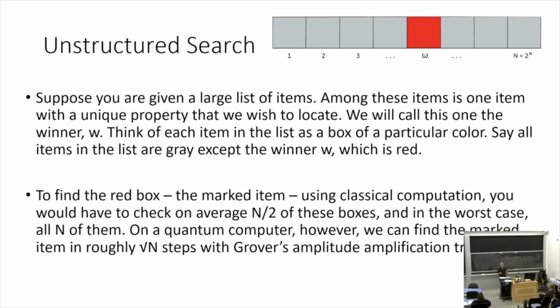To find that marked item using classical computation, we would have to check, on average, n over 2 of these boxes, and maybe in the worst case, all n of them. But on a quantum computer using Grover's algorithm, we can find the marked item in roughly square root of n steps using this amplitude amplification trick.